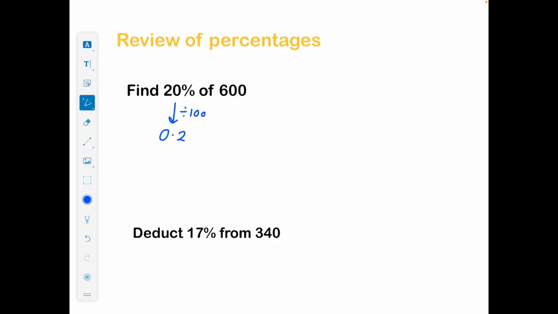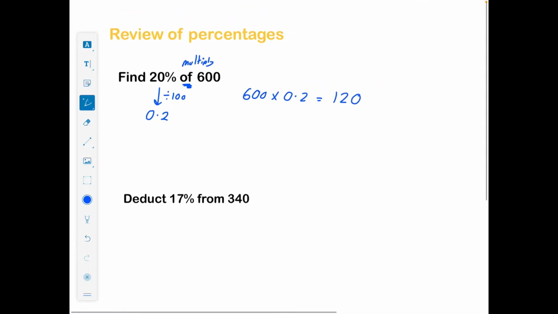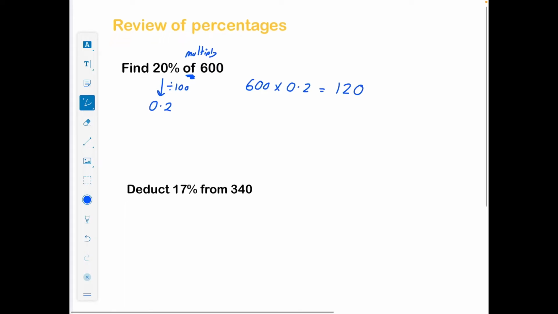So we're looking for 20% of 600. Now a little tip, the word 'of' always means multiply. So we're going to multiply 600 by the decimal, which is 0.2. That's going to give me 120. There's no units here, it was just a generic question. But 20% of 600, multiply 600 by 0.2.